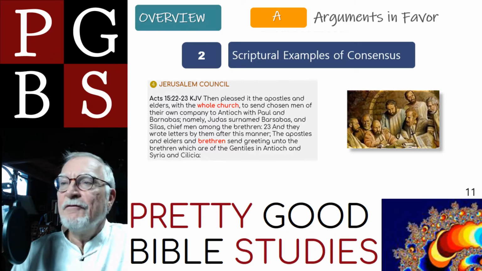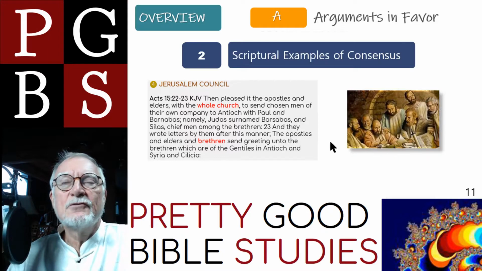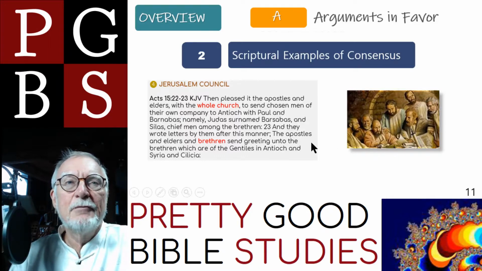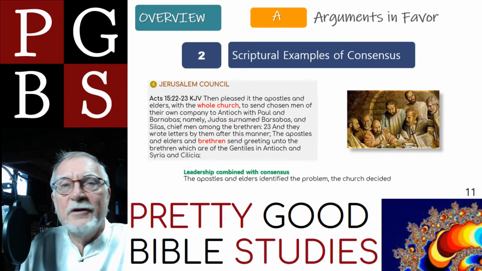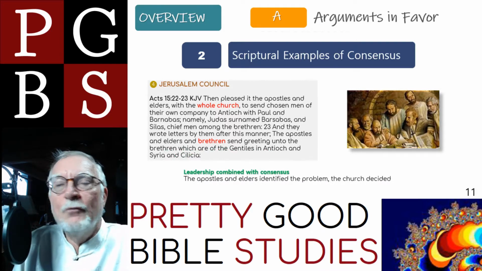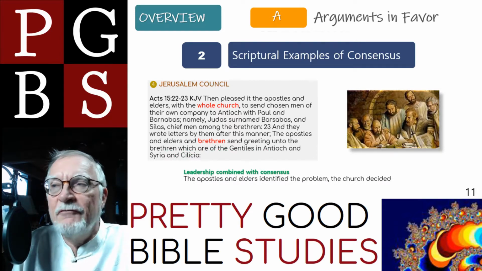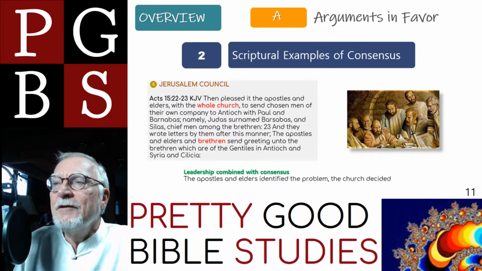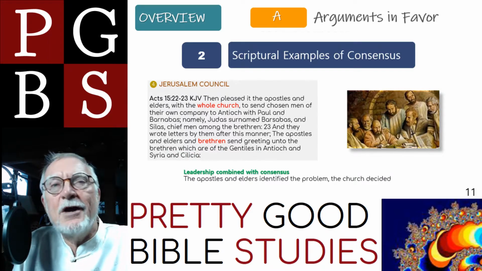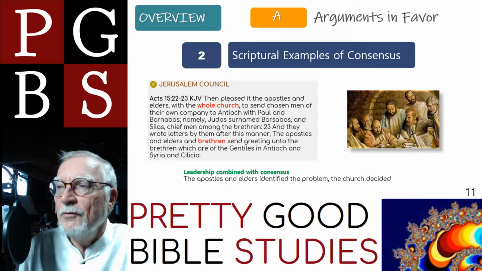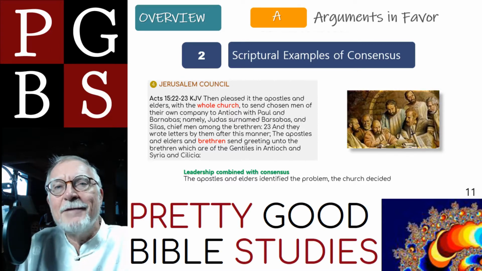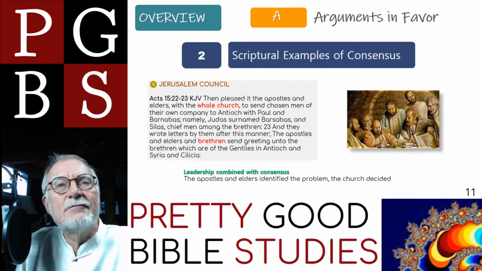So there we have the fourth example of decision making by consensus, the Jerusalem Council. Let's look at example number 5. Well, before I do, let me make my point again, is that here we have, once again, the idea of leadership followed by consensus. The apostles and elders identified the problem of how do we deal with the Jews we're trying to witness to without offending them, at the same time maintaining the principle of salvation by grace alone.